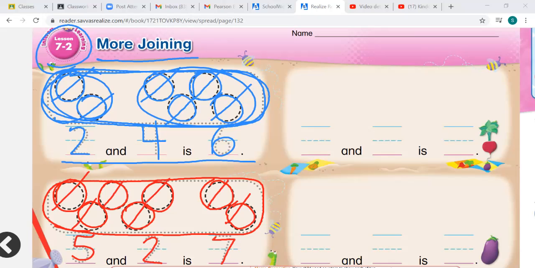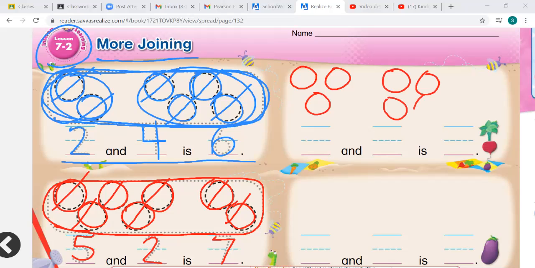Now we have radishes. So let's say we have 3 radishes over here. And then we have 4 more radishes that we add. So how many radishes in all do we have? 3 and 4.